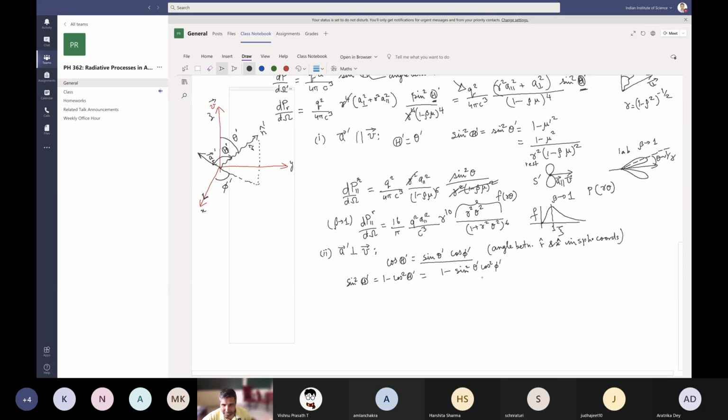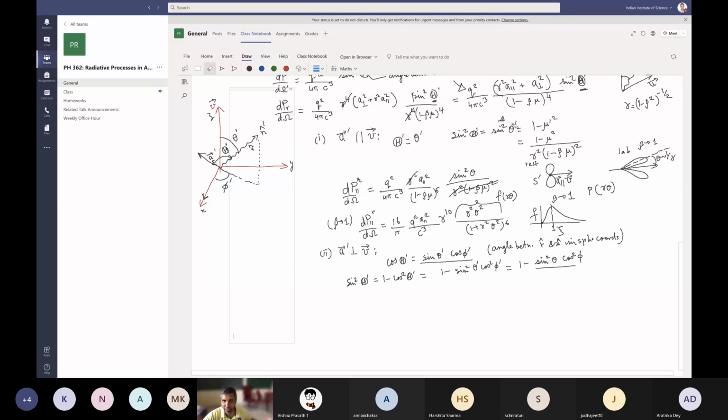And how is this given? Phi prime, we want to write in lab frame variables. So 1 minus sine squared theta cos squared phi, and we did this actually here, right? So this is the expression, this is how sine squared theta prime can be written.